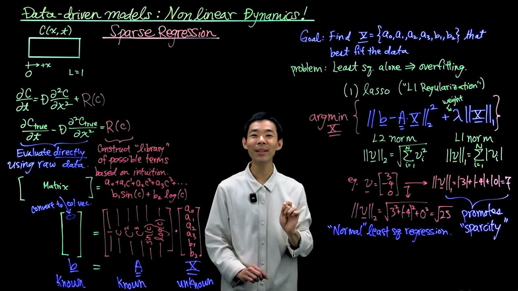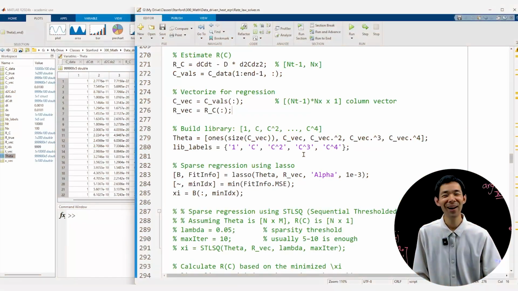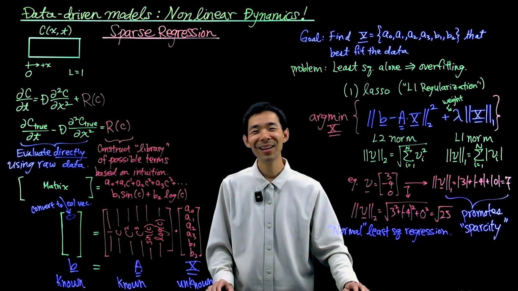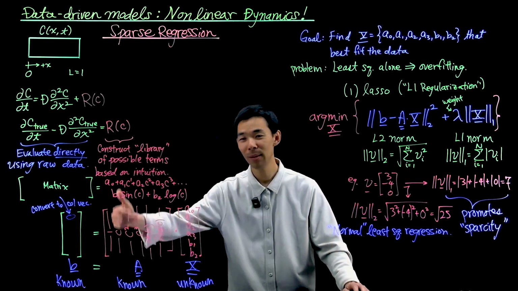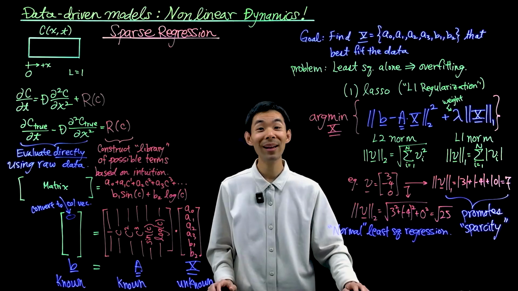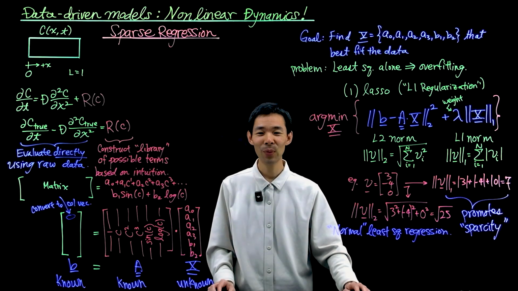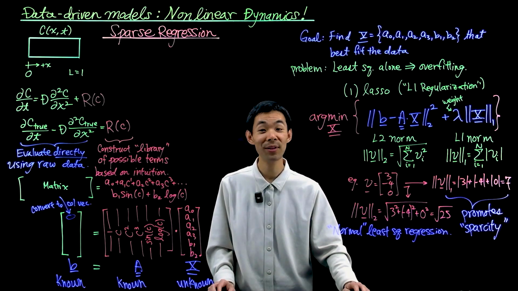Okay, let's see what that looks like over in the code. All right, earlier we got to the section of the code where we defined the library matrix right here, and we have our known left-hand side, in this case the B vector. And so now we're ready to do least squares with a regularization. So what we're going to first try is sparse regression using lasso, which I just explained.